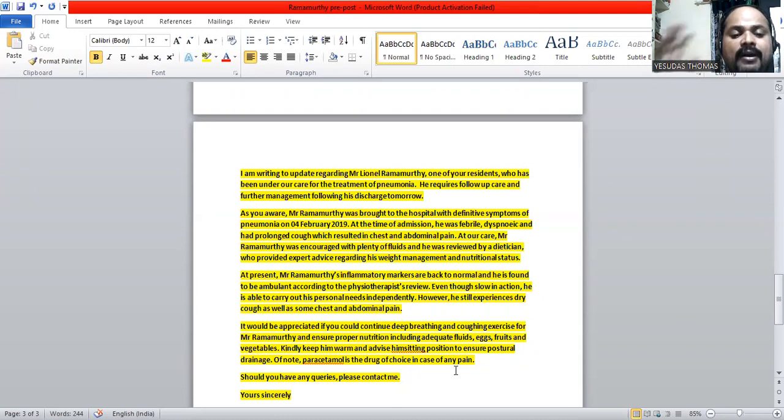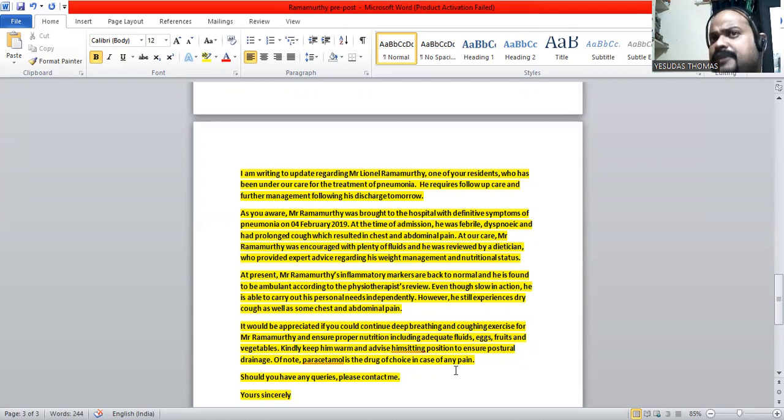So we have managed the size of the paragraph. It's nothing too big or too small. We have managed the size, and we have written the letter in the word range too.